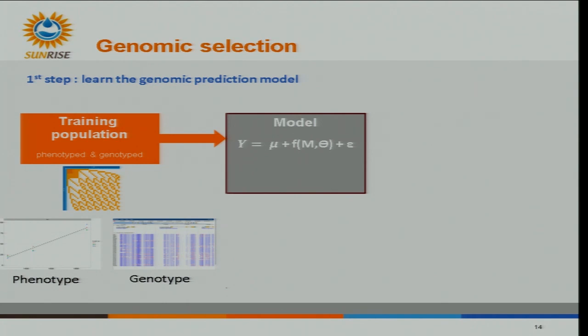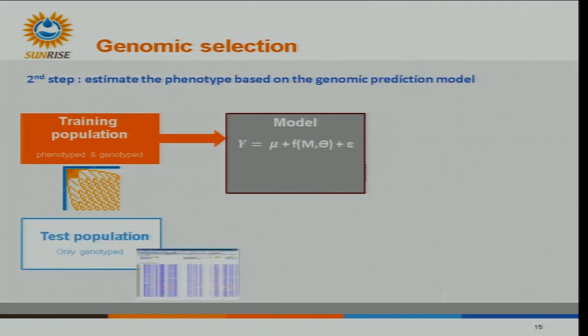This can be done here in our hybrid population, on the orange hybrids here that were phenotyped. So we train the model with this, and afterwards we can check in the test population, predict the test population with this model.